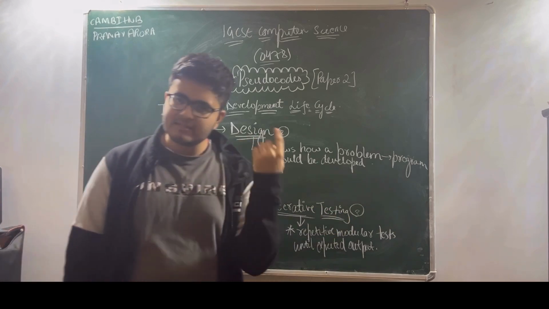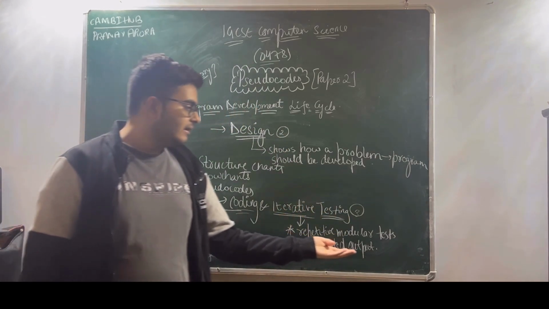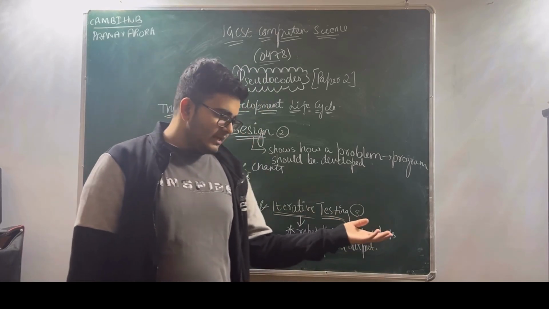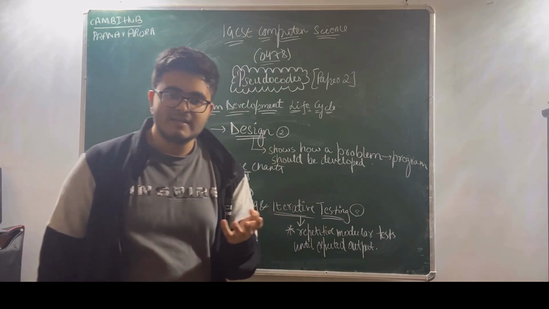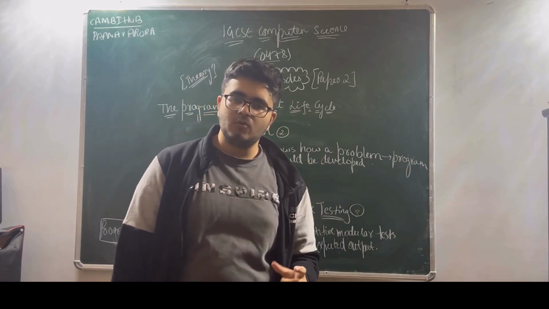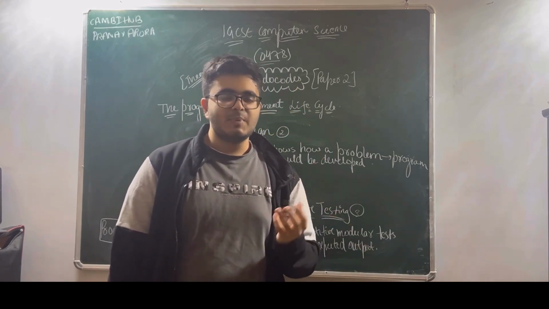We'll keep on testing a module until it works as expected, or until it gives the expected output. So repetitive modular tests is iterative testing. Now the fourth stage is also called testing, but that's different. Iterative testing is when we create modules of a code and we test each module again and again until it gives us the expected output.